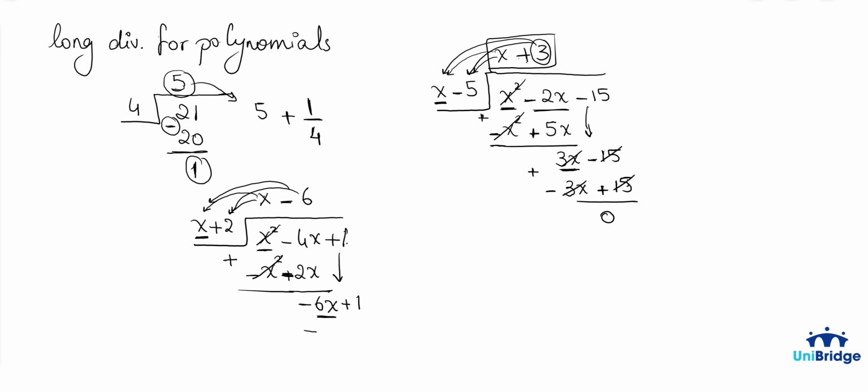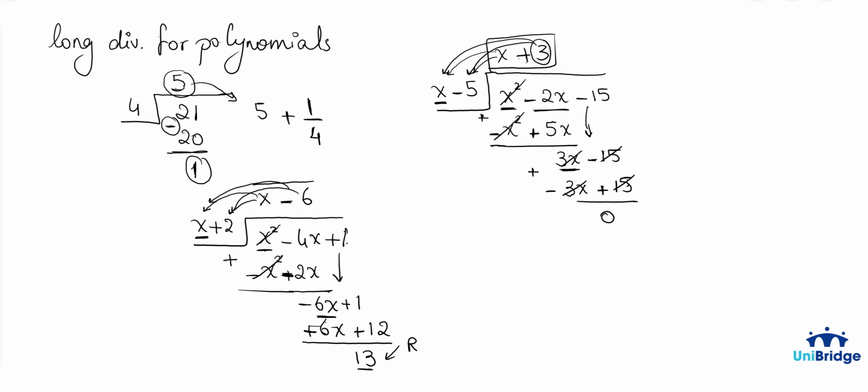So negative 6 multiplied by x is negative 6x. Negative 6 multiplied by positive 2 is negative 12. You change the signs and add. So you're going to end up with 13. Now, we want to divide 13 by x, but unfortunately 13 is not divisible by x, so this is what we call the remainder. So how do you write this?